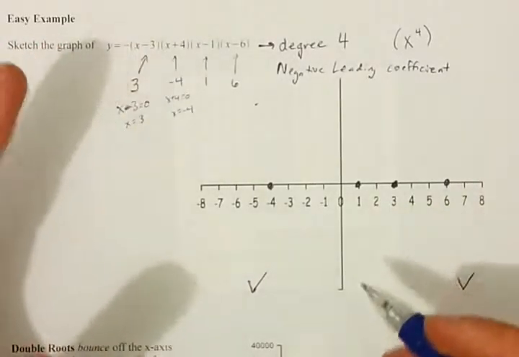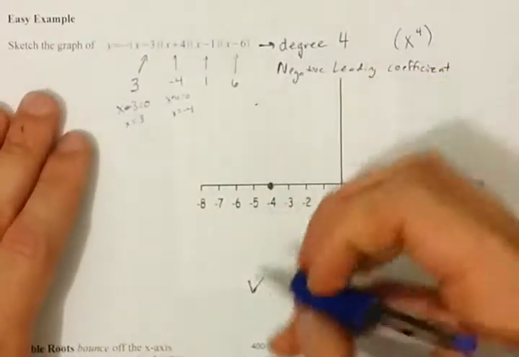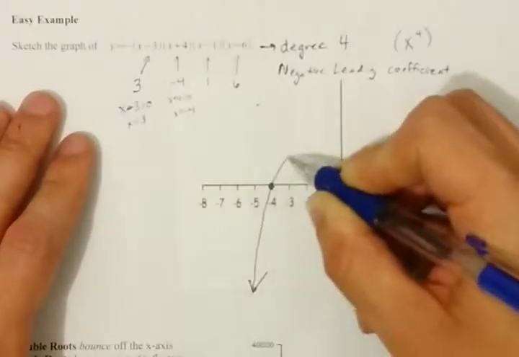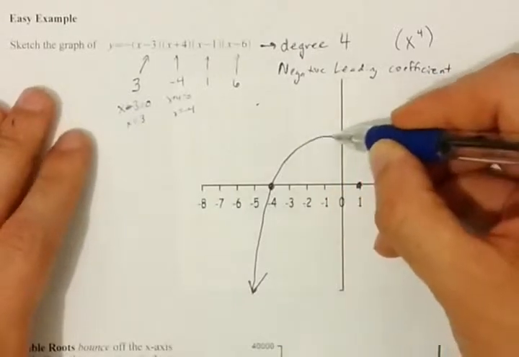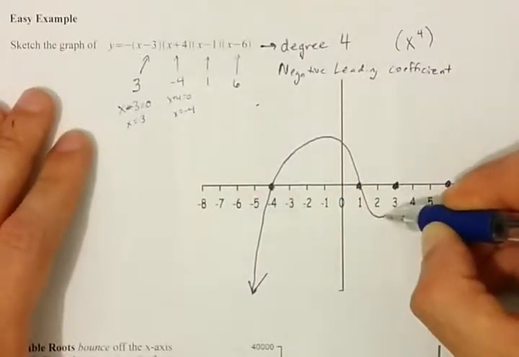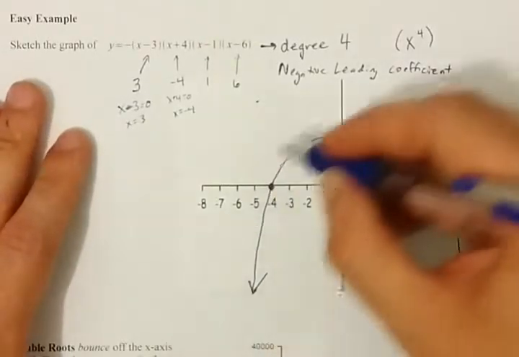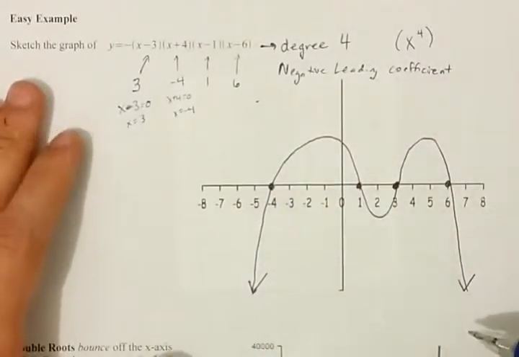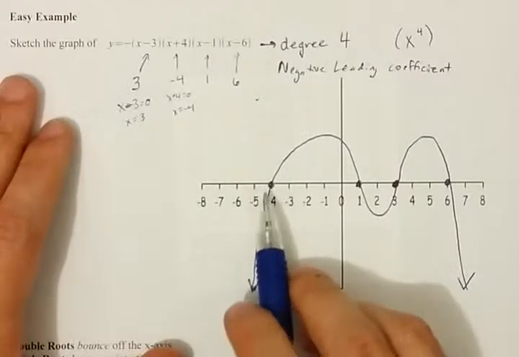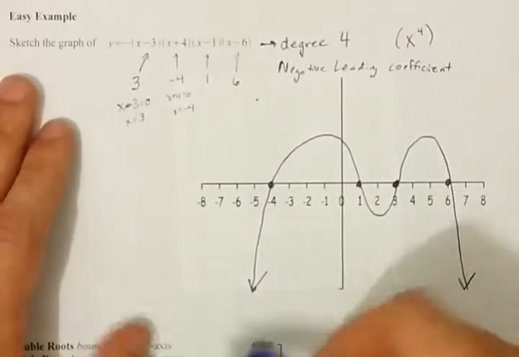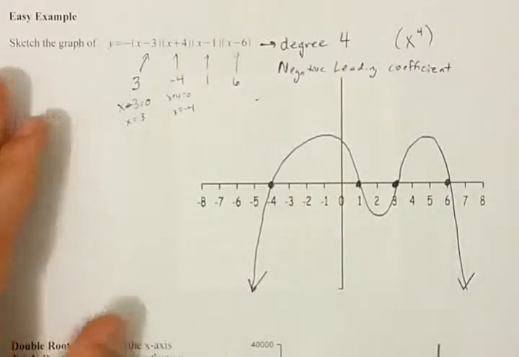And what happens is I start from this arrow and I cut through that point, then I cut down through that point, up through that point, down through this point. I'm alternating the direction that I'm going in, making sure that I only intersect the x-axis at these points. It's just one big curve.